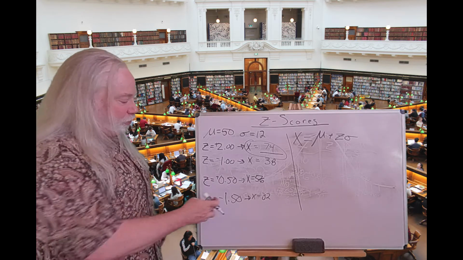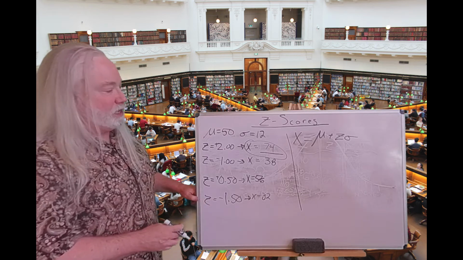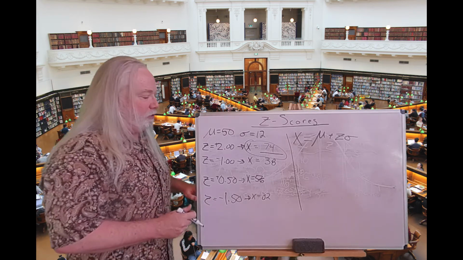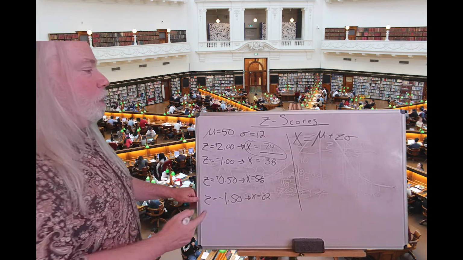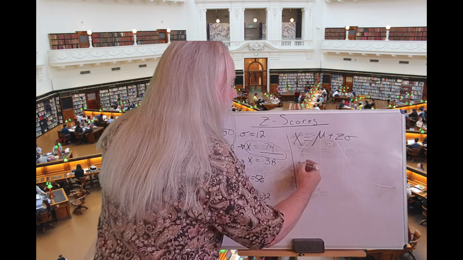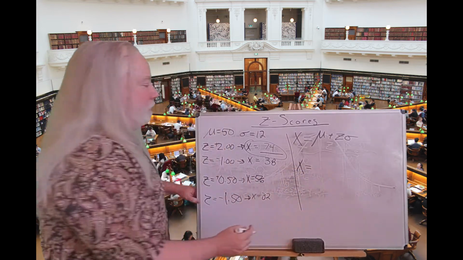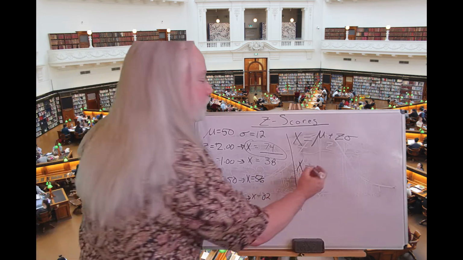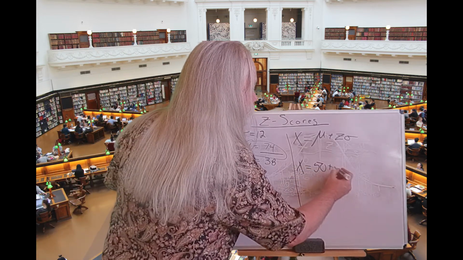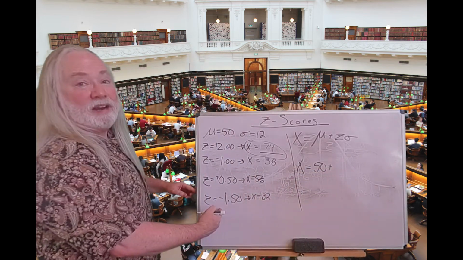So let's go ahead and just do the last one here as a computation example, then we'll take it on a little bit further. Here, what we wanted was the raw score. We didn't know it yet. The mean is 50 points. The z was -1.5.